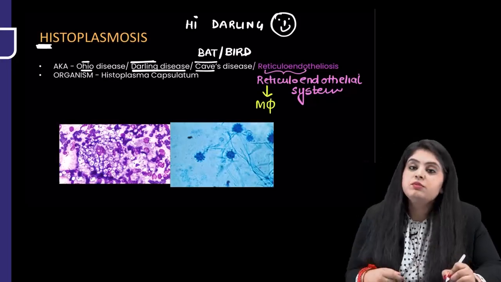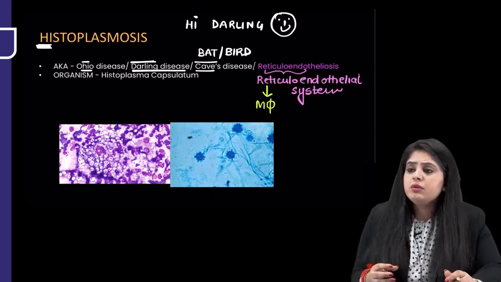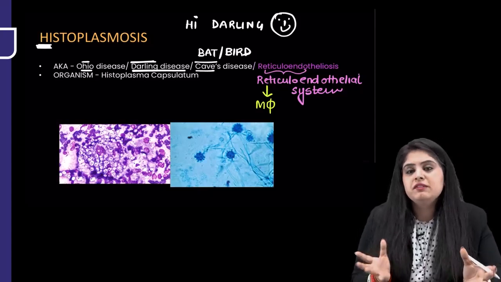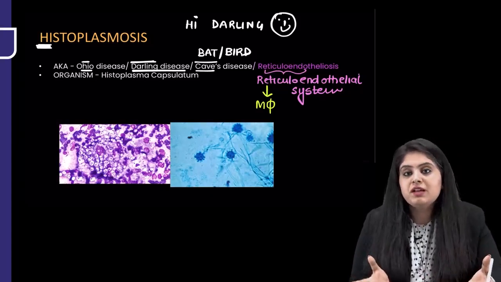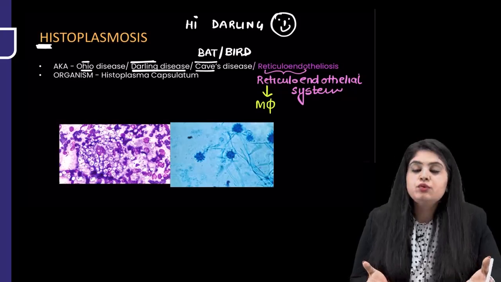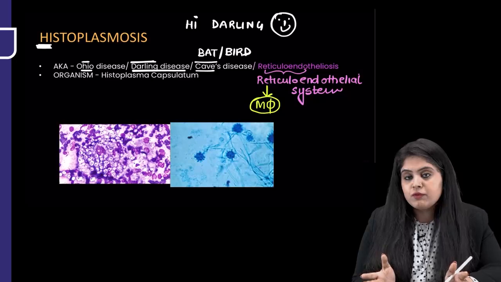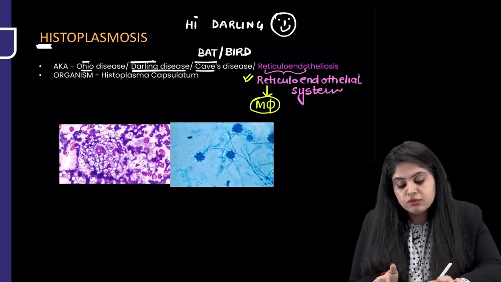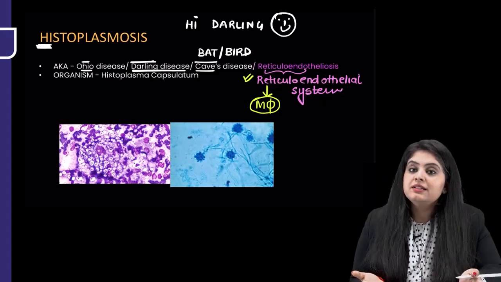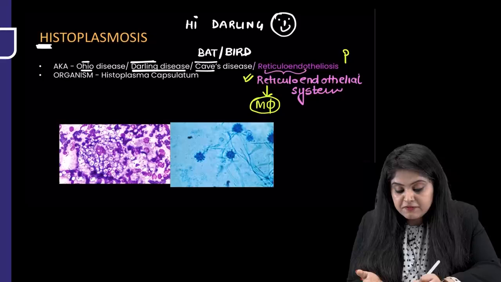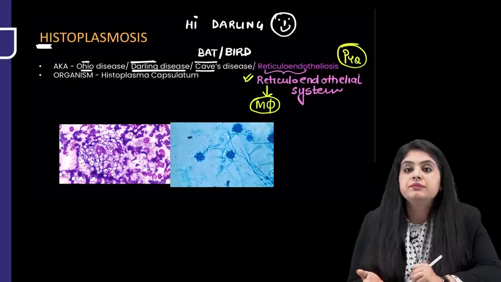So where are macrophages present? All over the body, but very common in organs like liver and spleen. So if they want to ask you where is histoplasma going to go and sit, it is going to go and sit in macrophages. But they didn't want to say anything so simply. So instead of calling it macrophages, they said it's going to go and sit in the reticuloendothelial system. But a very famous previous year question.